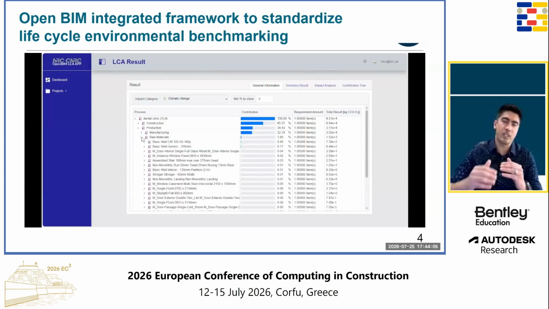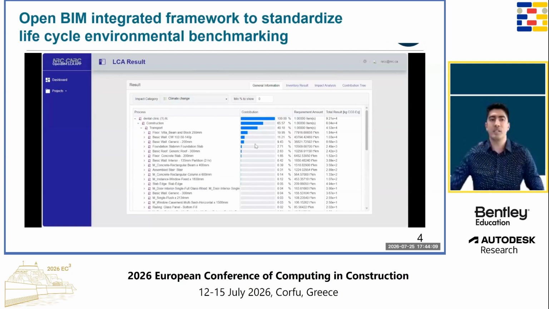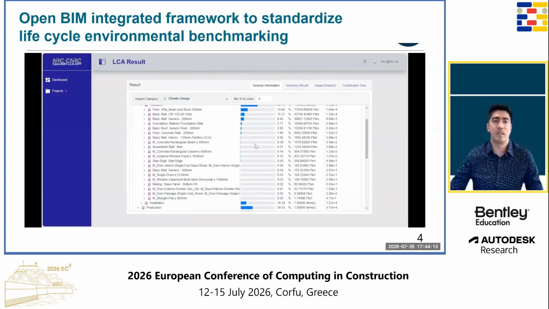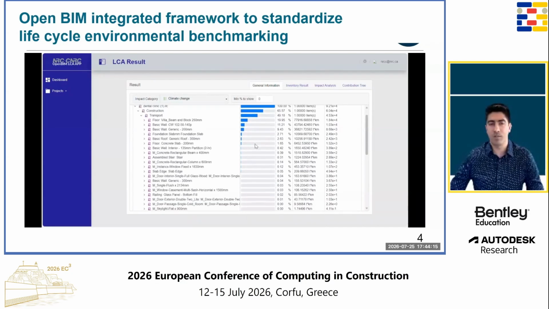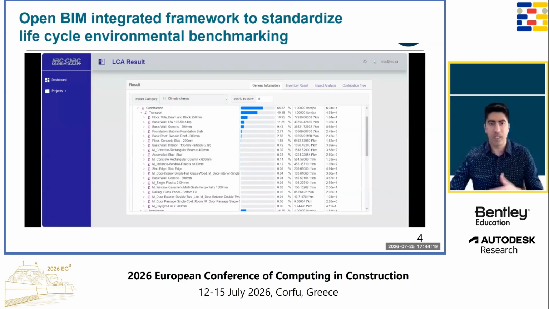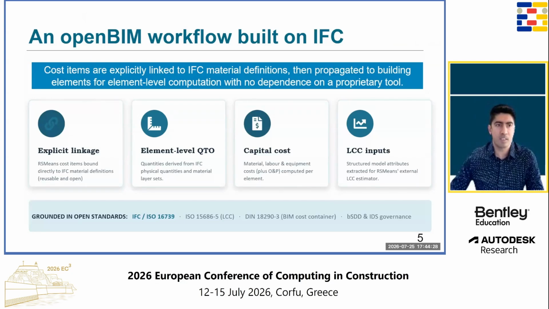What stage of the life cycle, what product, what assembly has the highest impact and contribution in the whole scale of the life cycle of environmental carbon quantification and assessment process. In this paper, the same approach goes to the cost estimation.